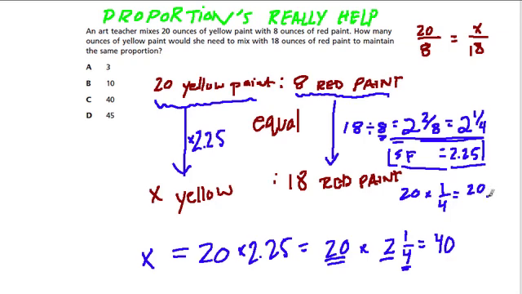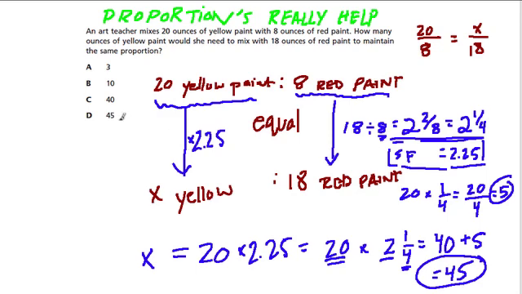So this really equals 20 divided by 4, which is 5, because 4 goes into 20 5 times. So 20 times 2 is 40, 20 times 1/4 is 5. We add those two parts up, and the answer is 45. So X equals 20 times 2 and 1/4, which is 45. So we need to use 45 ounces of yellow paint.